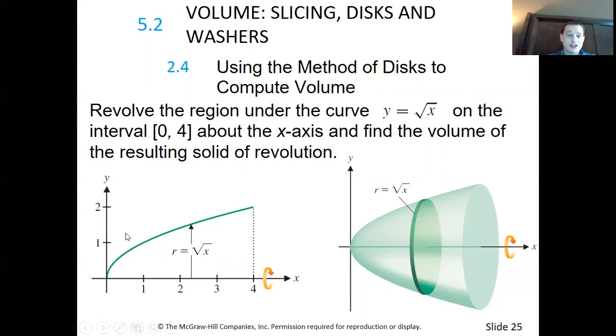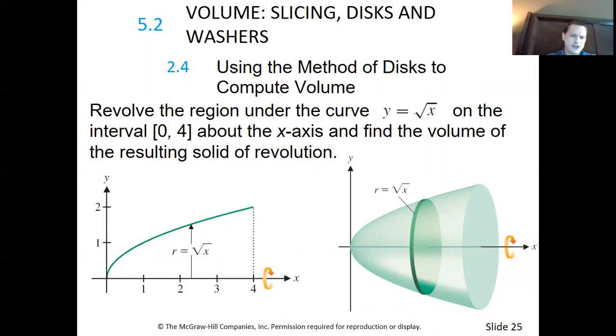So if you took a little sliver of this thing, what's the radius of the circle you make when you spin it around? It's going to be the height of the sliver. This sliver starts up here and goes down to the x-axis. So right here, this little slice, just like we've been doing, what's the area of that rectangle? Well, what's the height of it at least?